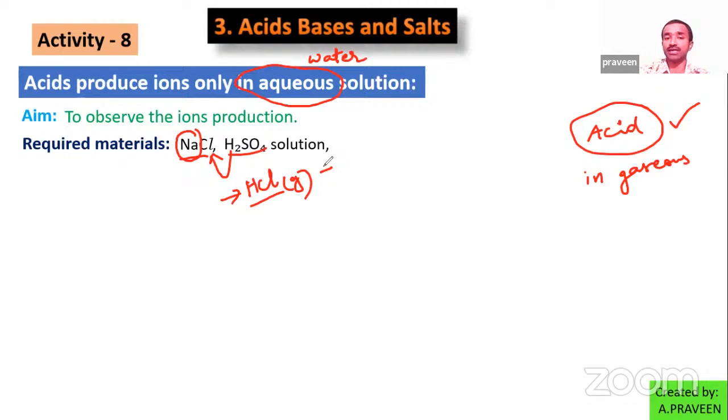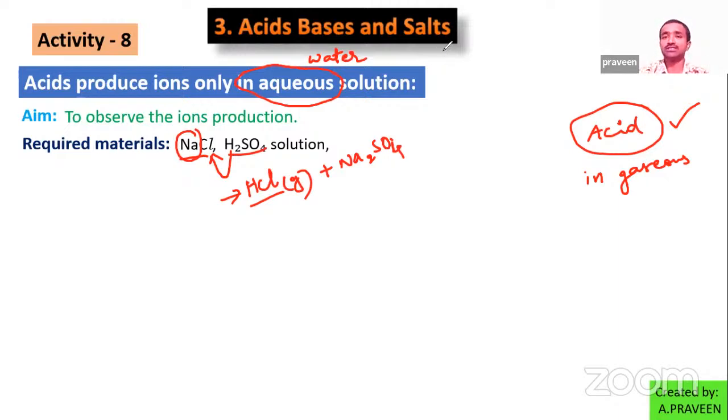Then what is the remaining product? It is Na2SO4. This is a salt which is available in liquid form. So a liquid is produced and the gas is produced. What is that gas? HCl.